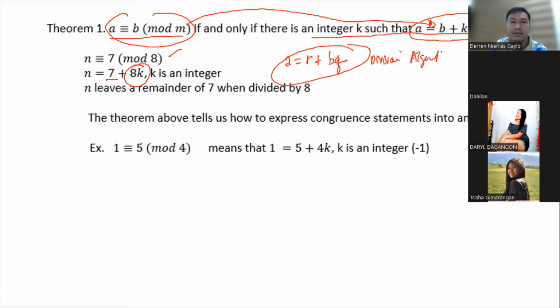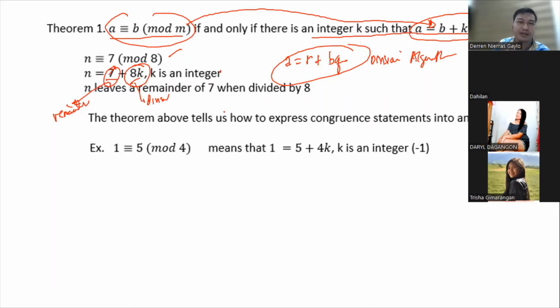Because the 7 here is just the remainder, right? Si 8 ang divisor, something like that. Kaya siya ang divide, no? So, meaning, kung imo na siyang i-layman's term, n leaves a remainder of 7 when divided by 8, no? Example, na kay number, gi-divide nimo sa 8, ang iyang remainder kay 7. Right?